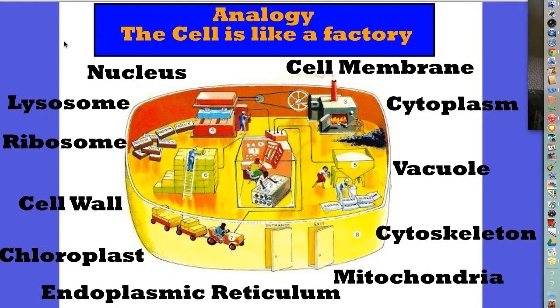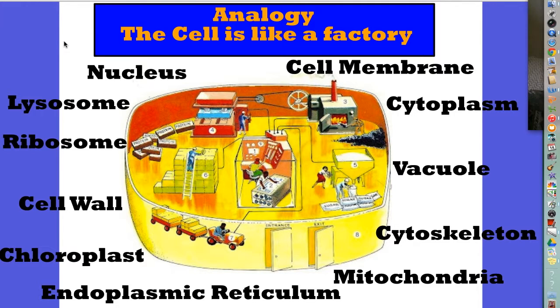Or perhaps it's got a generator that's out there generating the electricity. That would be the mitochondria. Or maybe it's a steam-driven factory. Whatever unit's making the steam, that would be the mitochondria. So whatever's supplying the energy to run the factory, that would be the mitochondria.